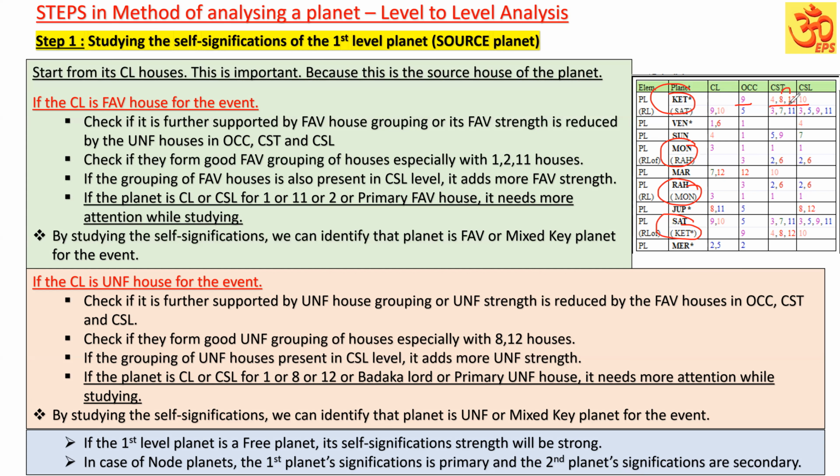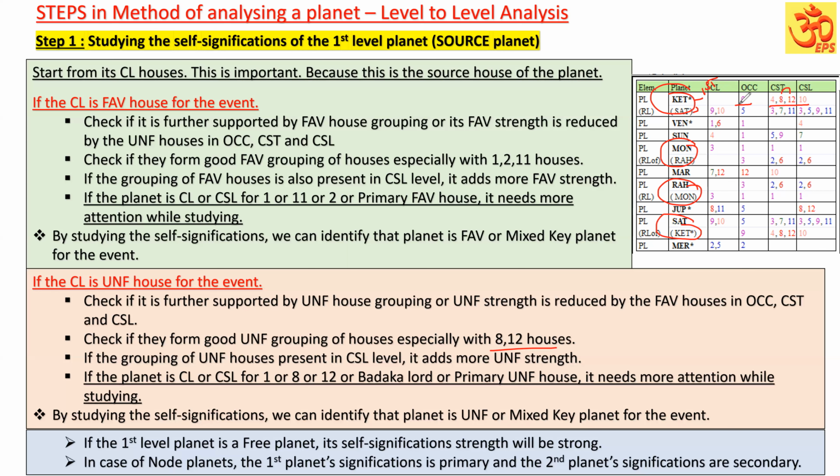Now look at the second planet of Ketu, which is Saturn. Saturn is having 9, 10, 5, 3, 7, 11, 3, 5, 9, 11 cuspal sublord. It means Saturn has a very good favorable house grouping, including CSL, including favorable primary houses, and the 11th house also present. Now, what will happen?